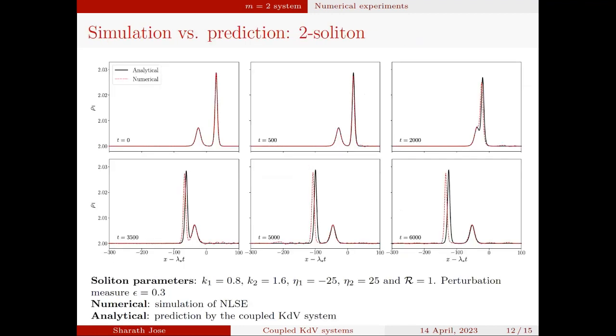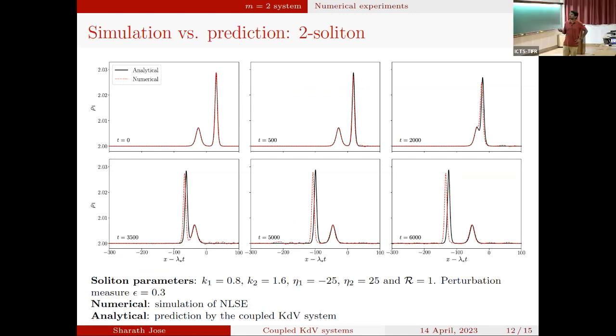What is the reason it is not matching at later times? You're right, this is probably because it's an approximate theory. The original coupled system was derived from a perturbative theory, so that's probably why we have some deviations between the simulations and the analytical predictions.